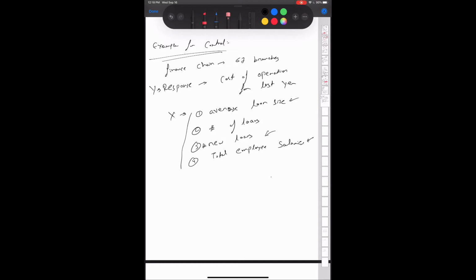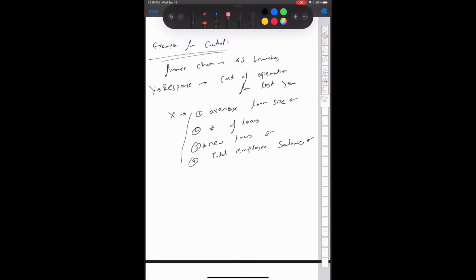To be able to say that, management needs to understand this relationship. And if they could fit a regression model, they would be able to control the operating costs.